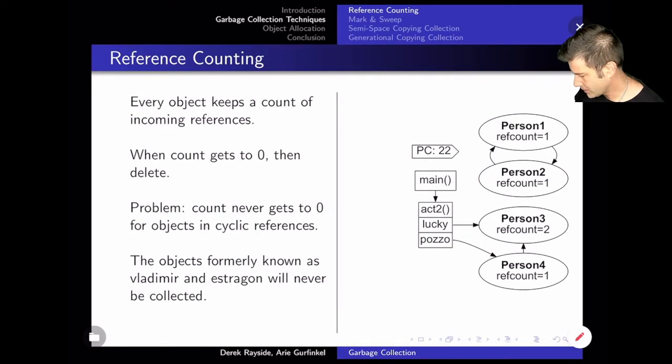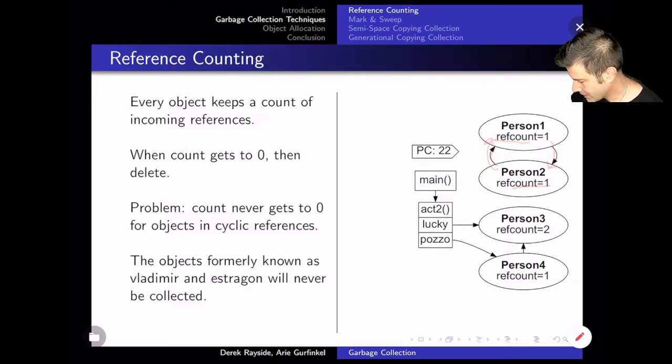Let's just look at what's in here. So here we have the Vladimir and Estragon classes, and because each one is a friend of one another, by the time nobody uses them, this one has a reference count of 1 because of this link here, and this one has a reference count of 1 because of this link.